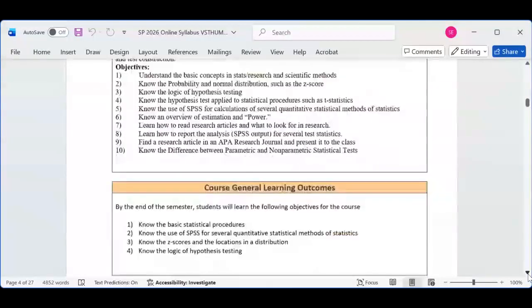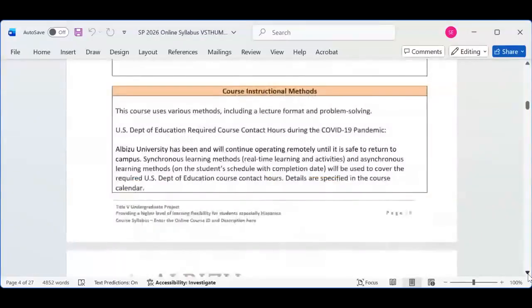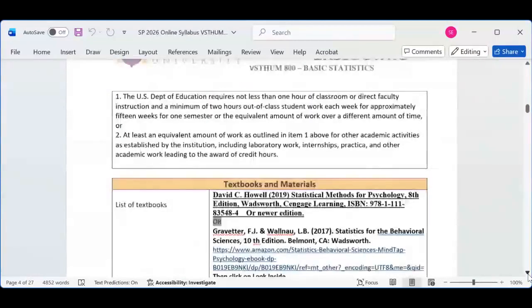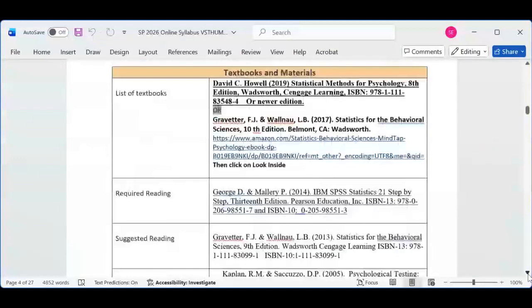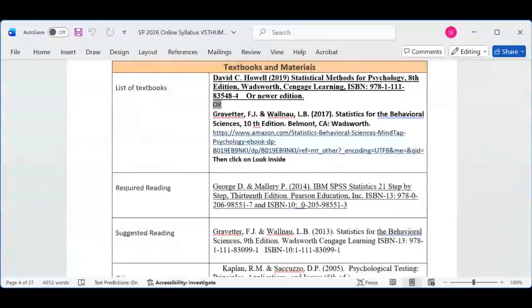The course objective, you can read them. The main purpose of taking this course is to prepare for your doctoral dissertation. And one of my goals for you guys is to start thinking about your hypothesis.